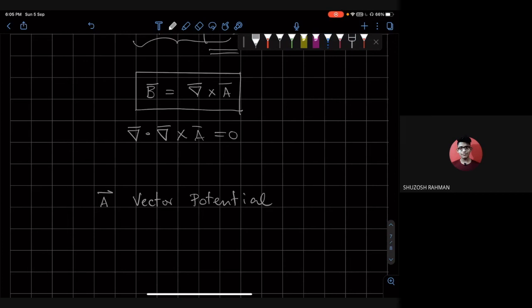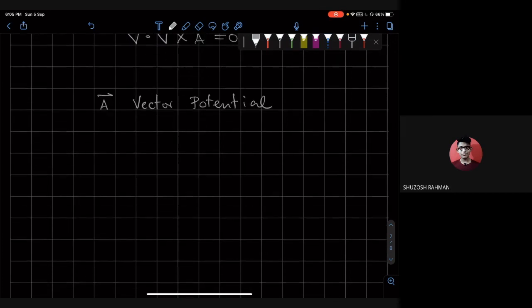Okay. So what we have done is that we started with Maxwell's equations, where our fundamental variables were E and B, and they of course depend on both space and time points, because we are not just dealing with electrostatics.